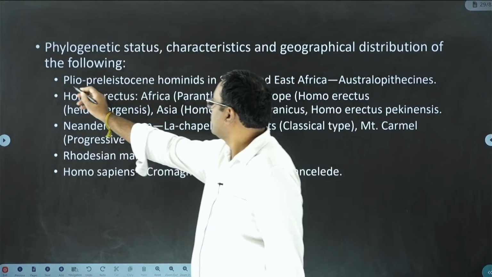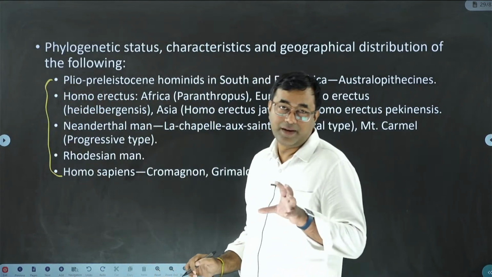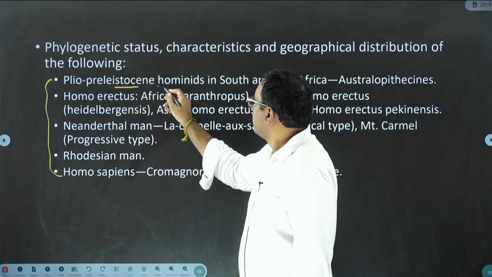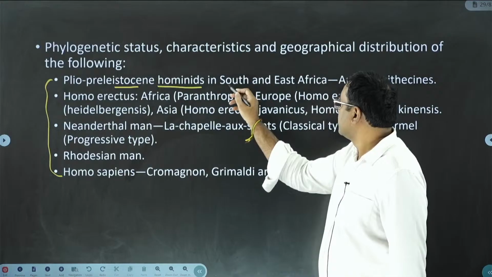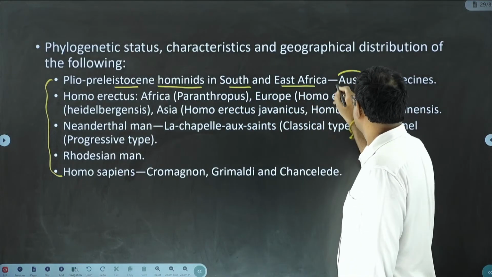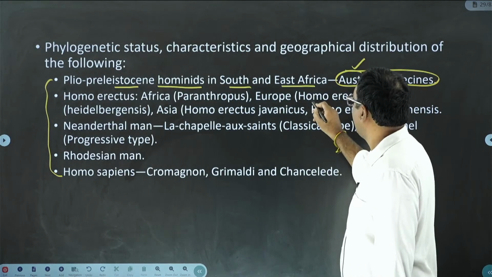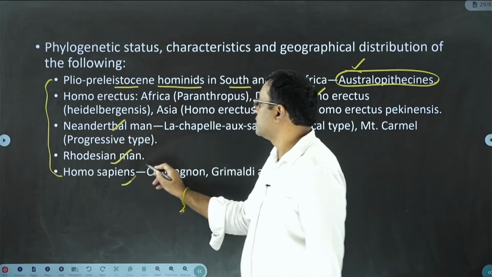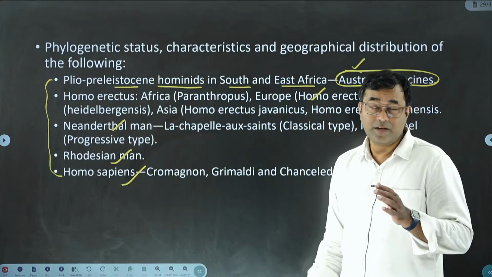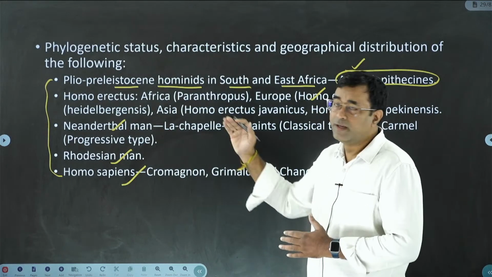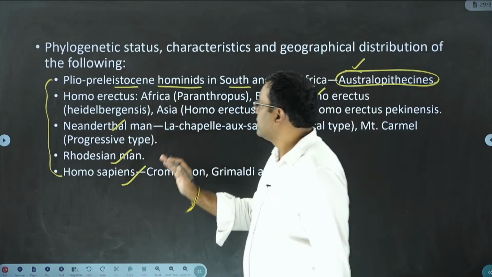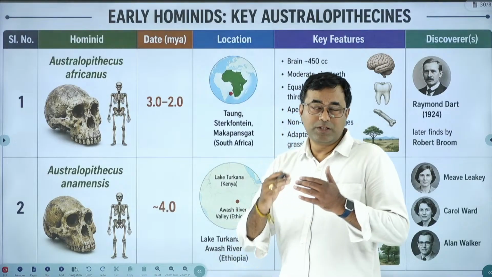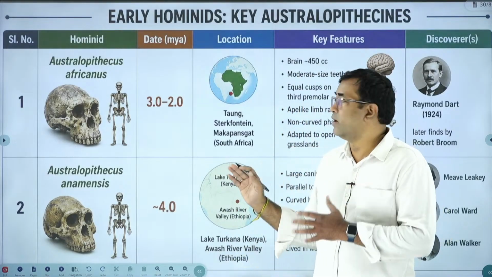These are some of the fossils given in the syllabus: pre-Pleistocene hominids in South East Africa, for example Australopithecus, Homo erectus, and at the same time Neanderthals, Rhodesian man, Homo sapiens. All these are different species with respect to human evolution given in the syllabus, which is helpful in understanding how humans have evolved, one species after another.